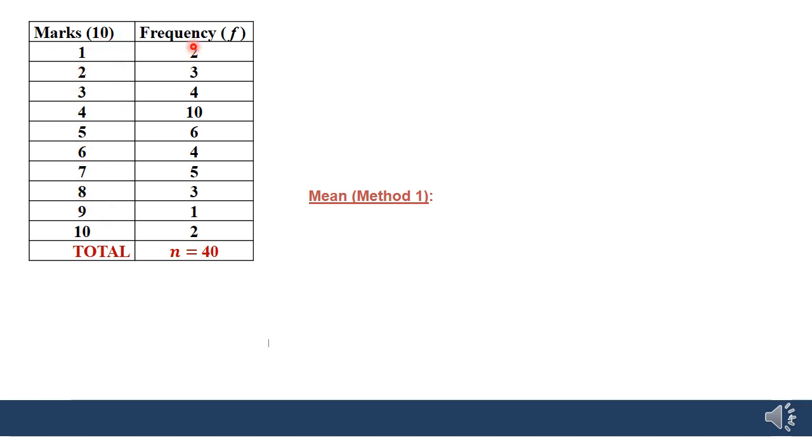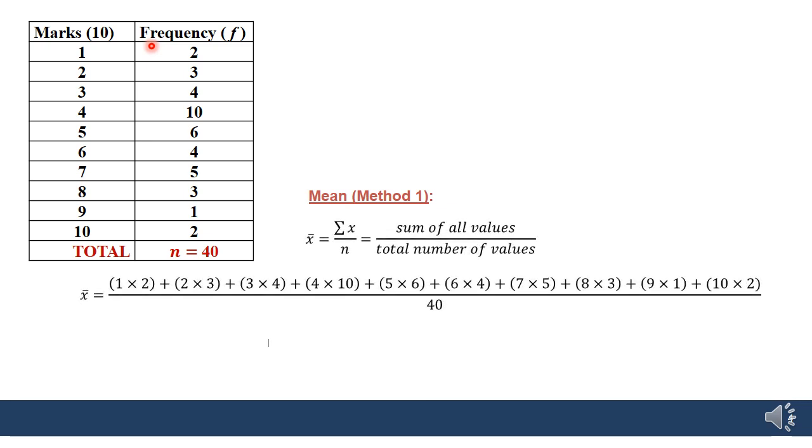So if I want to sum these, all I need to do is multiply the mark by the frequency. So I have 2 1s, 3 2s, 4 3s, and this is the same as doing 1 plus 1 plus 2 plus 2 plus 2 plus 3 plus 3 plus 3 plus 3, etc., etc.